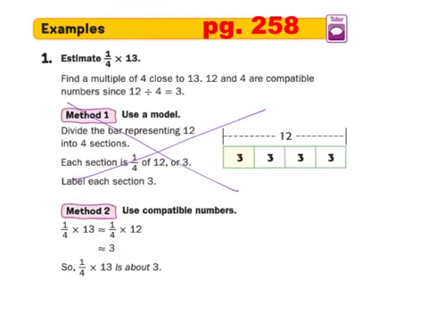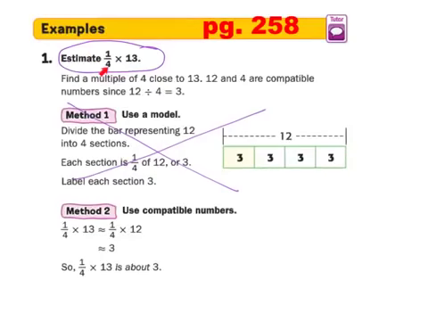So here's our original question. Estimate 1/4 times 13. I can't find 1/4 of 13, but I know that finding 1/4 means I'm going to divide by the denominator of 4 and multiply by the numerator, which happens to be 1.